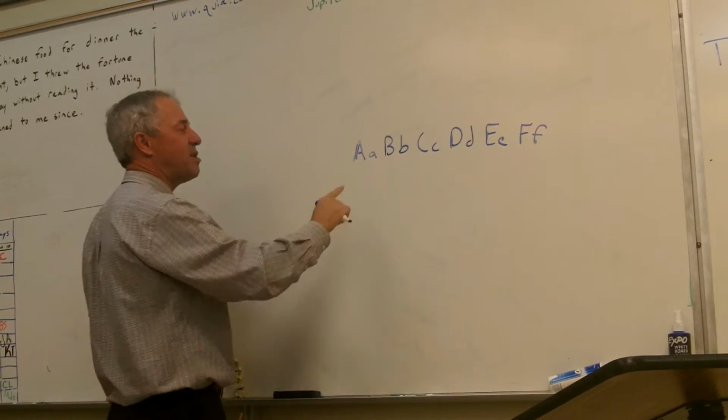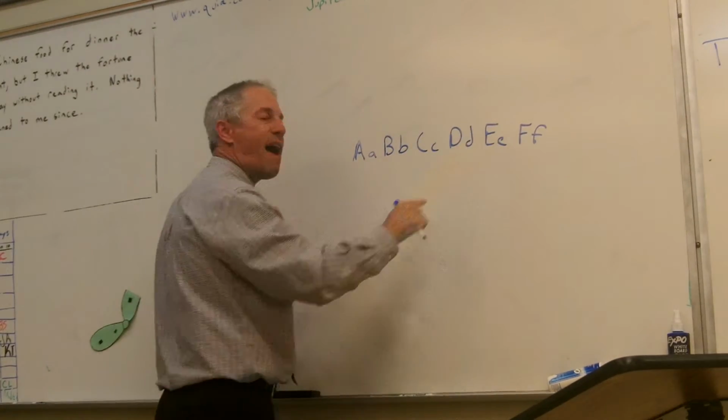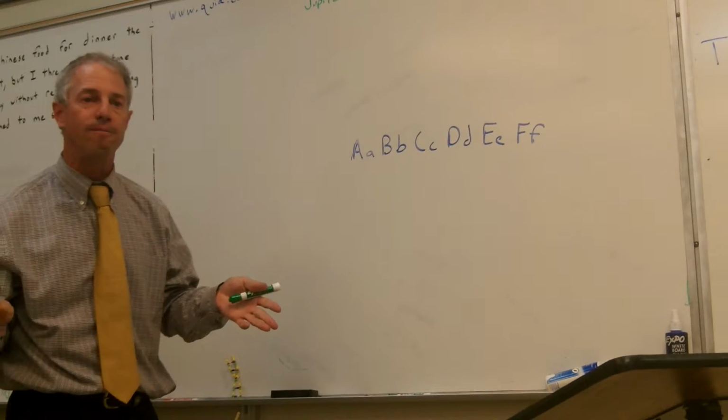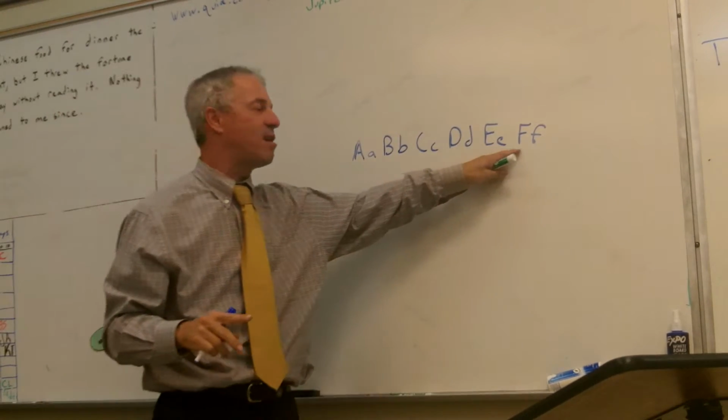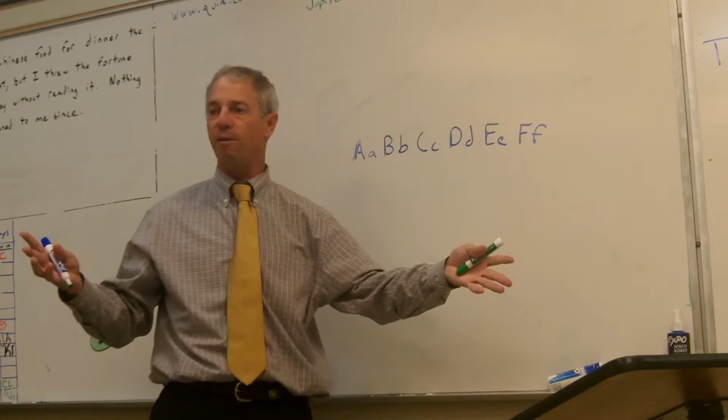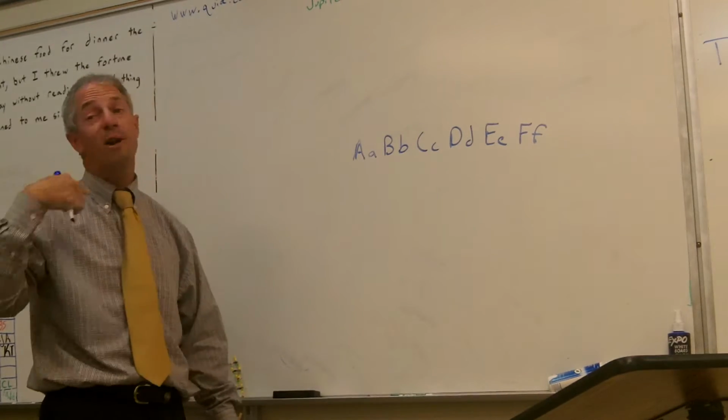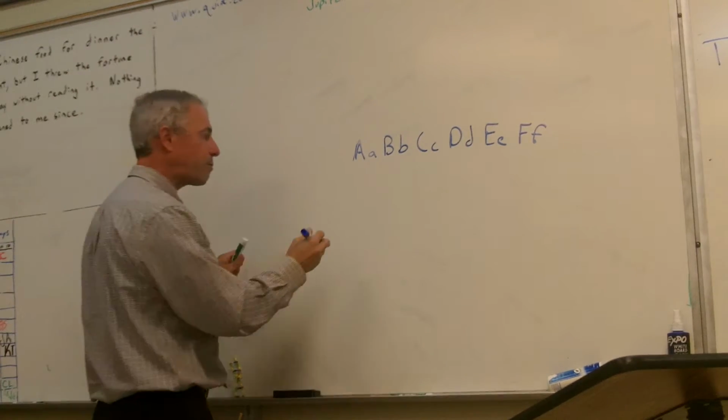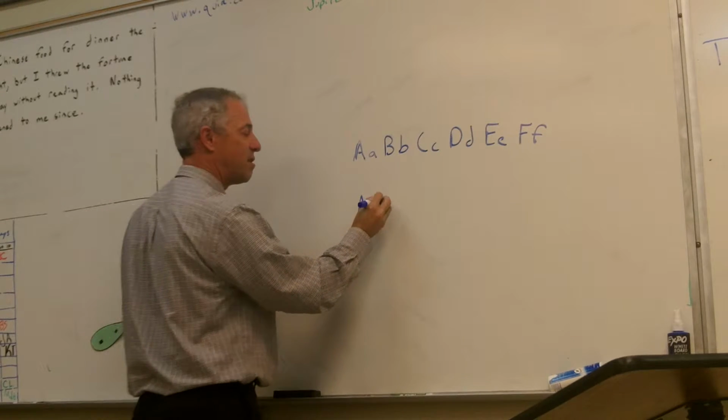And the way it works is, the more uppercase letters you have, the taller you are. The more lowercase letters you have, the shorter you are. So I'm pretty short. I'm probably something like this.